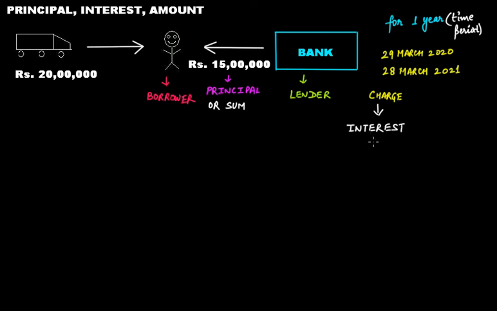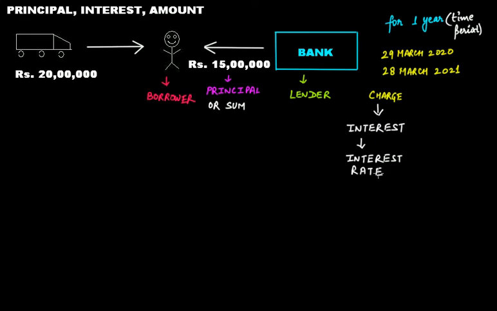That particular amount that the bank will charge you on this principal is called interest, and it is given at some interest rate. Don't worry, I'm going to explain each and everything in a very detailed way.